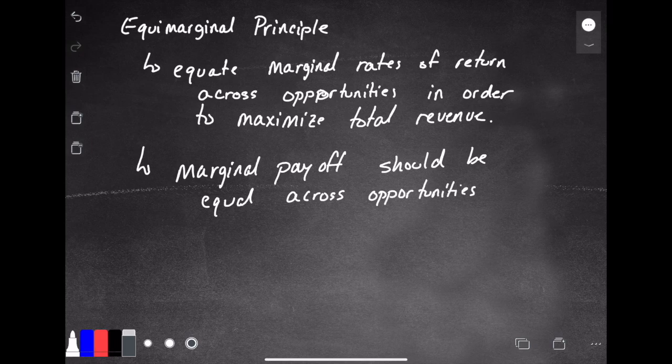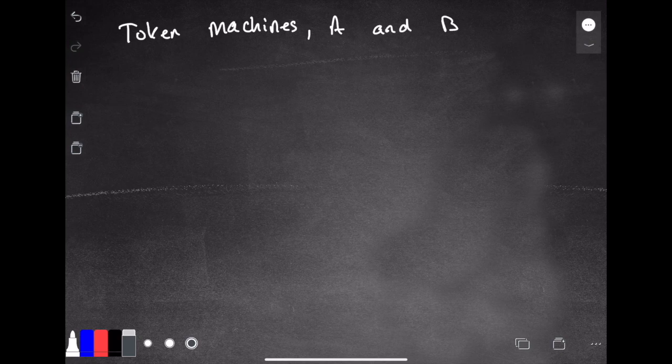Okay, so let's do a quick example. So what we're going to suppose is that there are 2 games or 2 casino machines, if you want to think of them this way, that you could put tokens into. And if you put a token into the game, it will literally just give you money. So you have these token machines, and there are 2 of them, A, and we'll call the other one B. And if you put a token into either of the machines, you just win money.